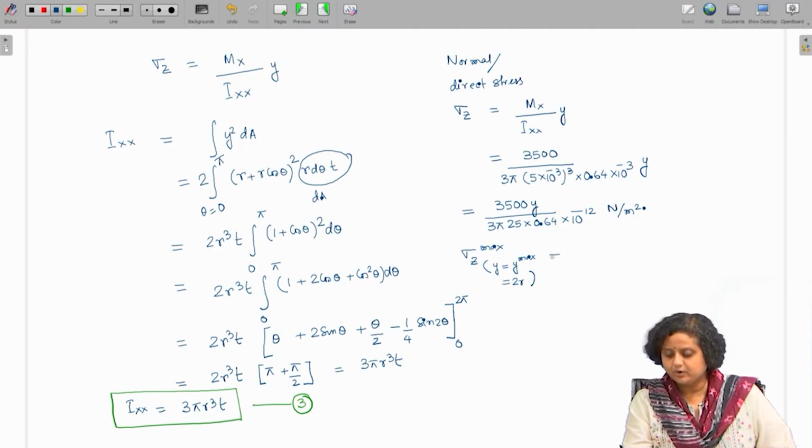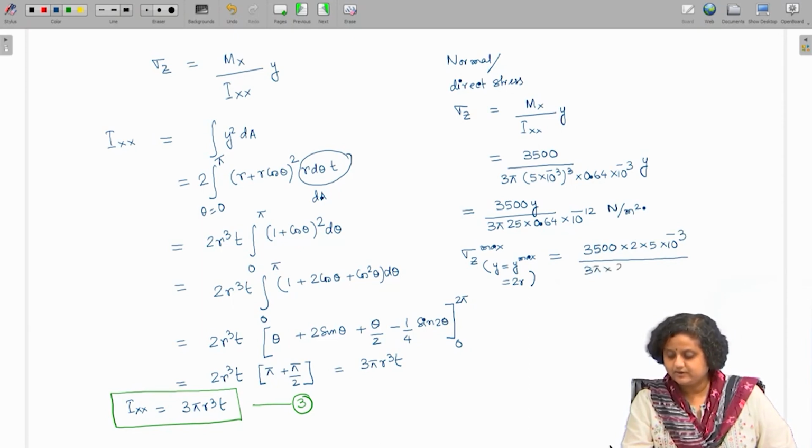If we put 2r, this is going to be 3500 into 2 into 5 into 10 to the power minus 3 by 3 pi into 25 into 0.64 into 10 to the power minus 12 Newton per meter square.